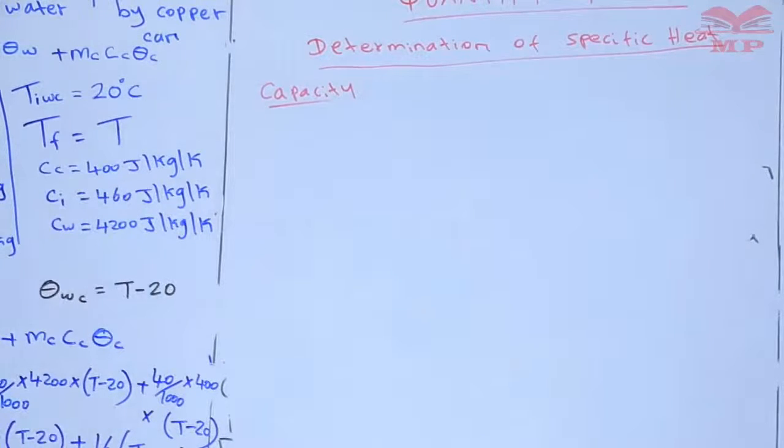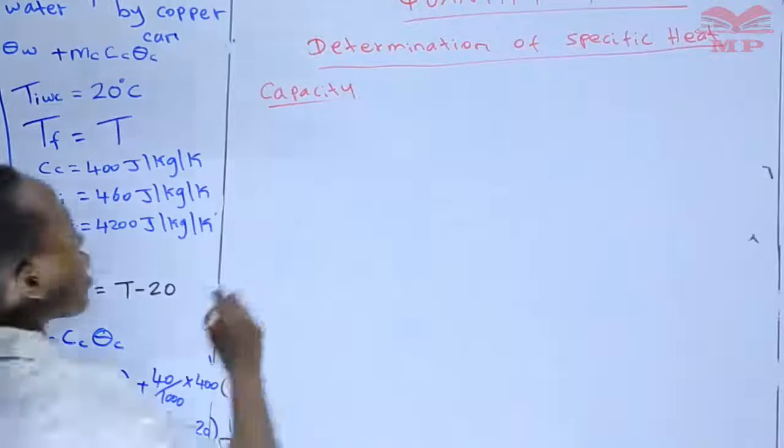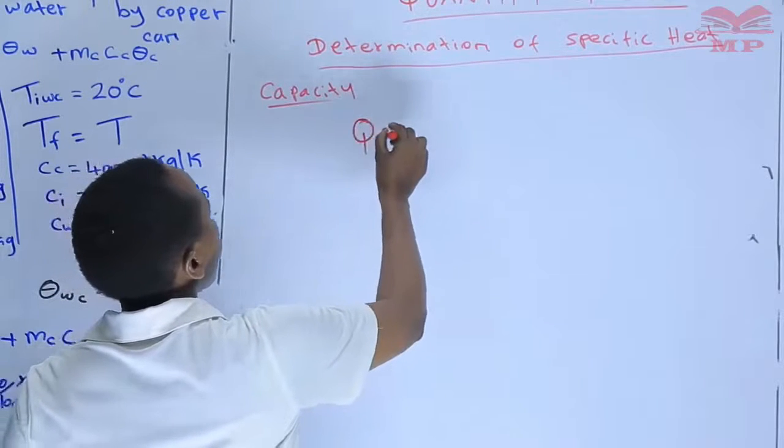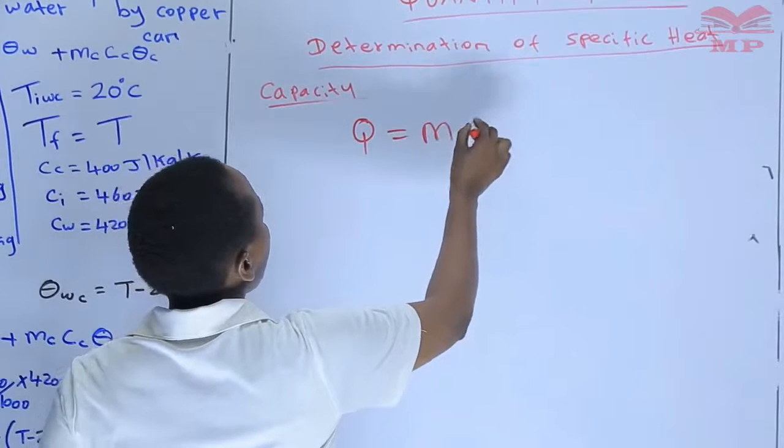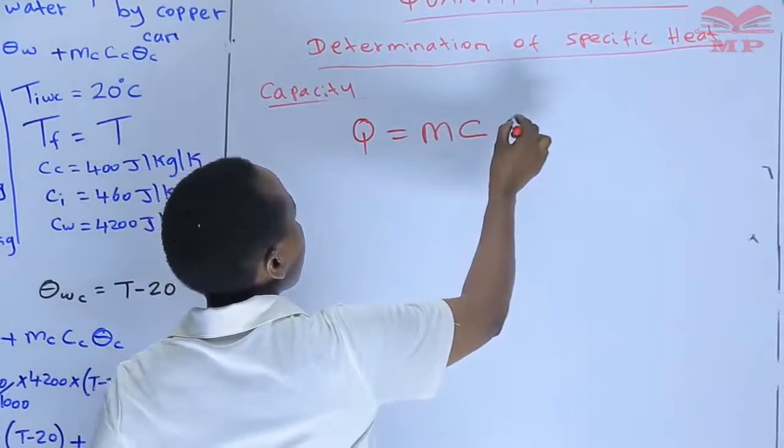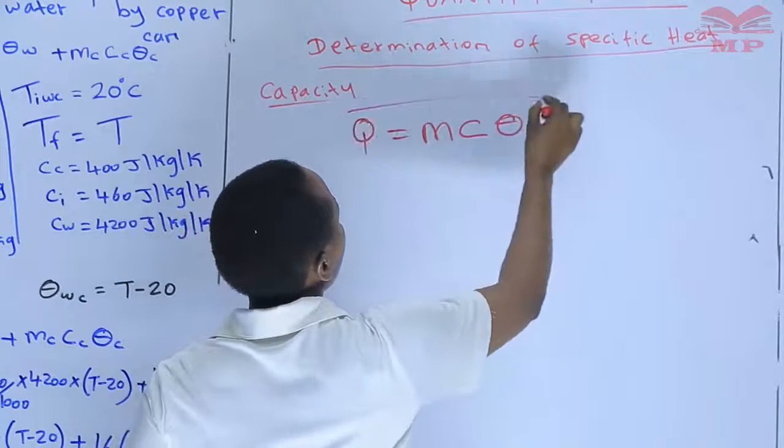Formula for the heat energy, which we are saying that heat energy is given by mass times specific heat capacity times change in temperature.